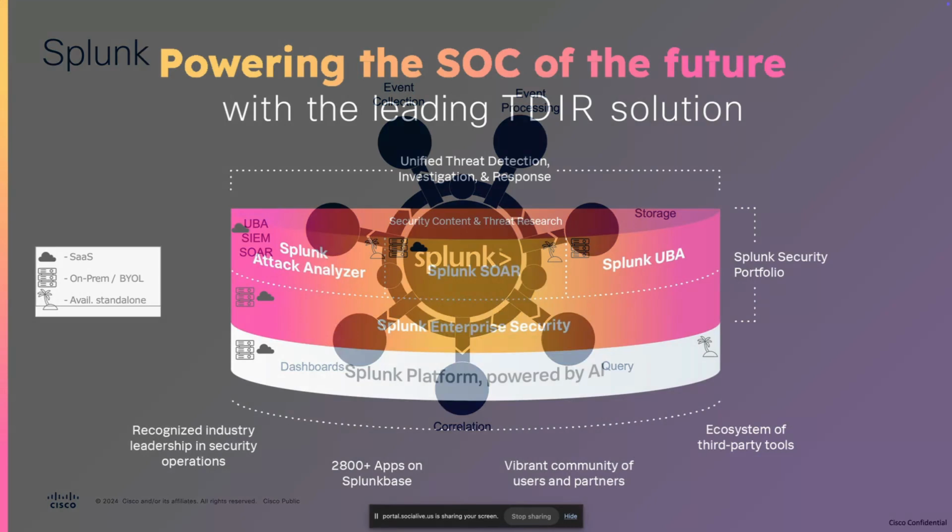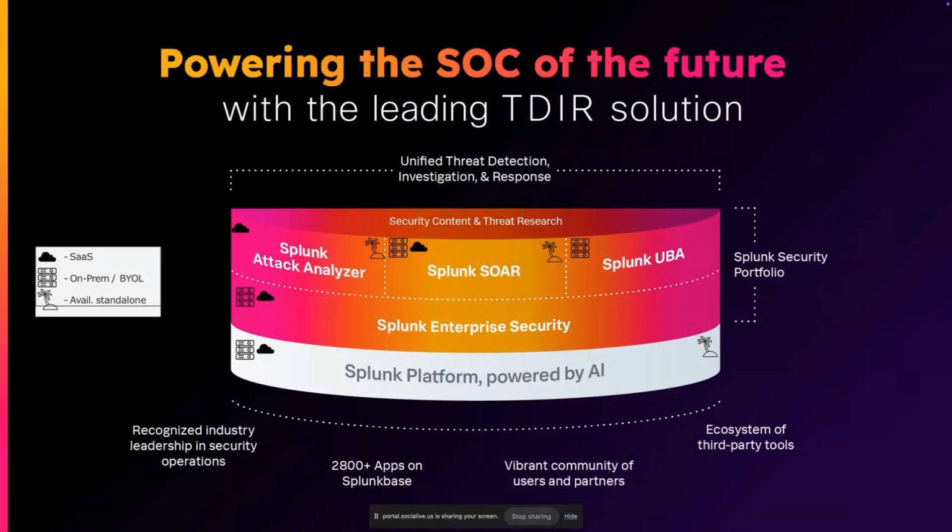Now, if you look at the architecture of Splunk, the bottom one is called the Splunk platform. Most often, the Splunk guys are going to call this the Splunk platform, Splunk core, or Splunk Enterprise. Be it whatever it is, it's basically the Splunk Enterprise platform wherein you are ingesting all the data into it.